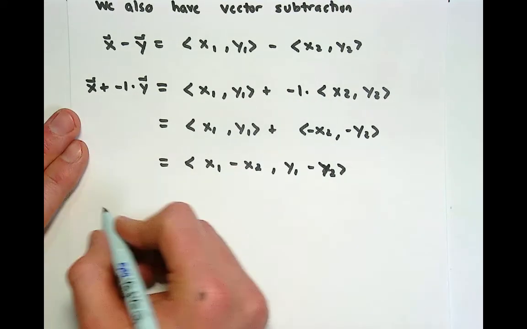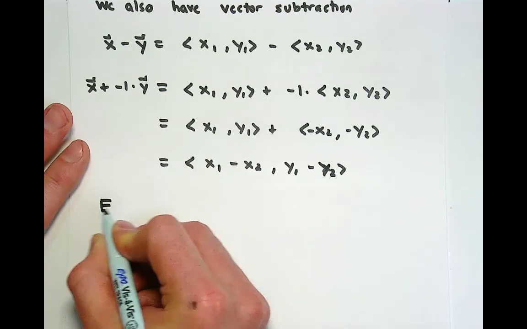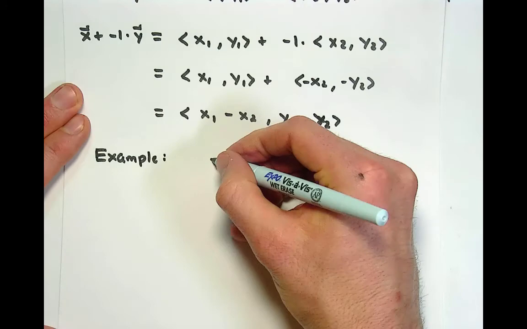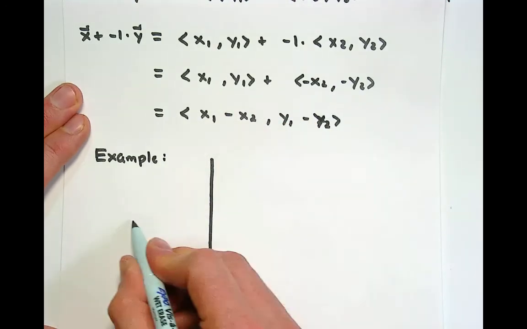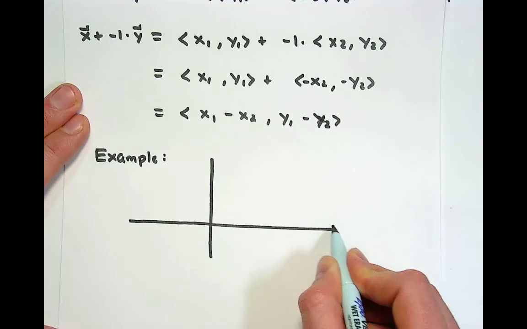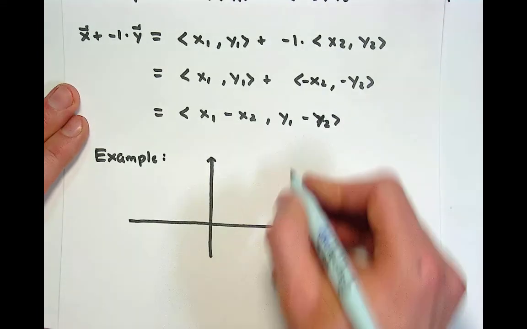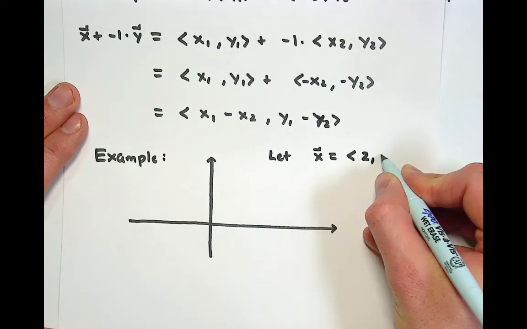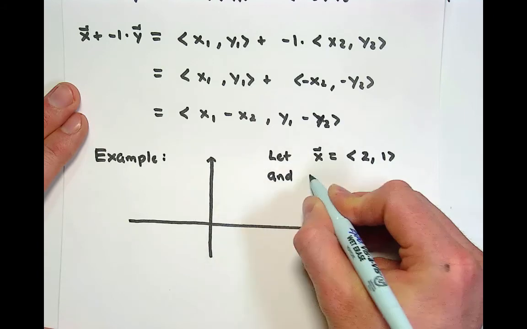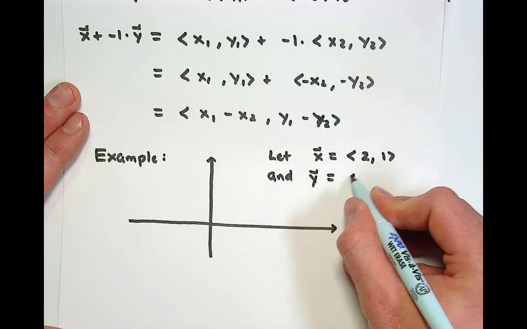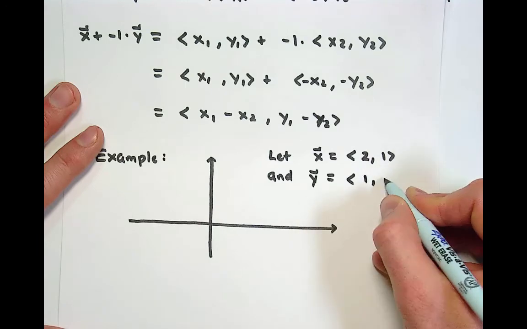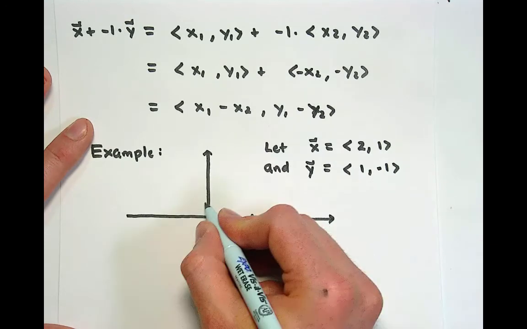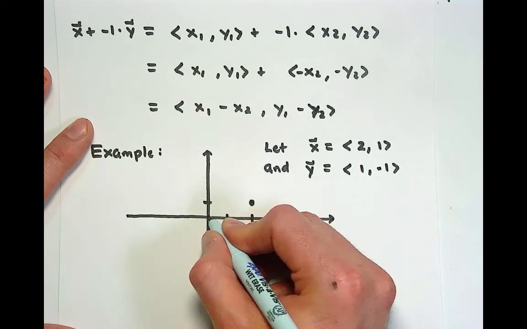So let's go ahead and look at an example. Maybe you have x as (2, 1), and y is something like (1, negative 1). Okay, so x goes 2 out and 1 over, so there's the direction of x.